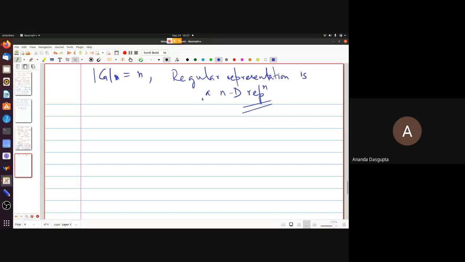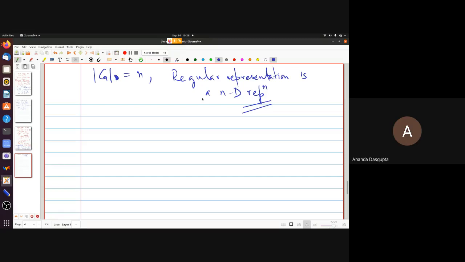So if you have a group of 6 elements, the regular representation will be a 6-dimensional representation, right? Why? Because your vector space is 6-dimensional, just as in the example that we talked about, all vector space elements are combinations of the 6 elements E, A, B, C, D, F. So if you have a 6-dimensional basis, you're done.